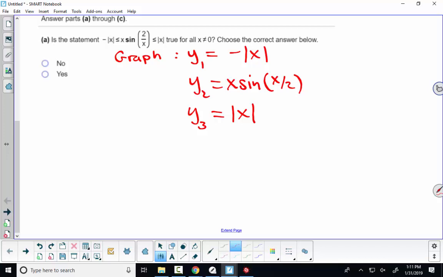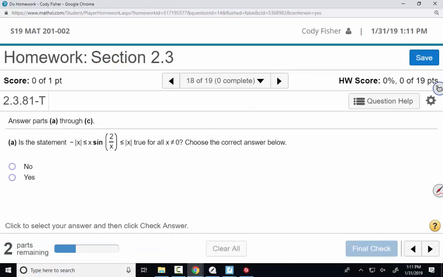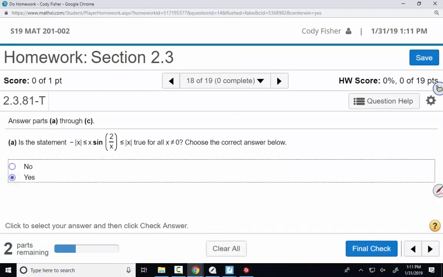For all x not 0, that's leading us into the fact that we're going to be looking at a limit as x approaches 0. I'm going to say it's true.